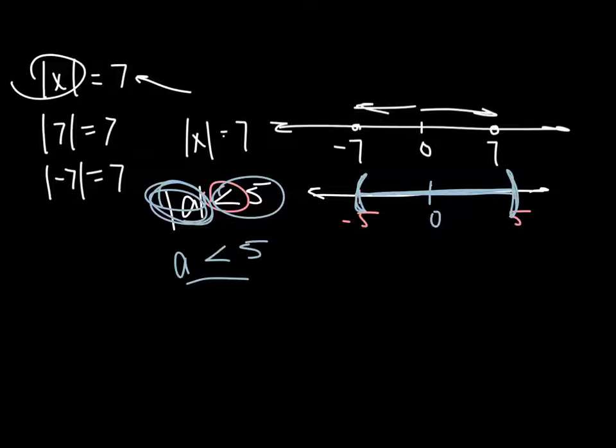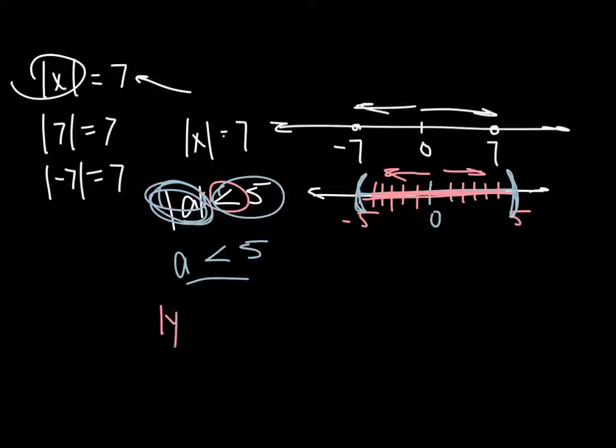So our answer is going to be somewhere in here, because any number in here is less than 5 units from 0. Some of the numbers are on this side, some on this side, but they're still less than 5 units from 0.